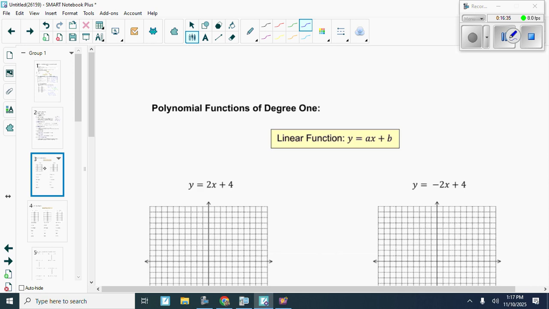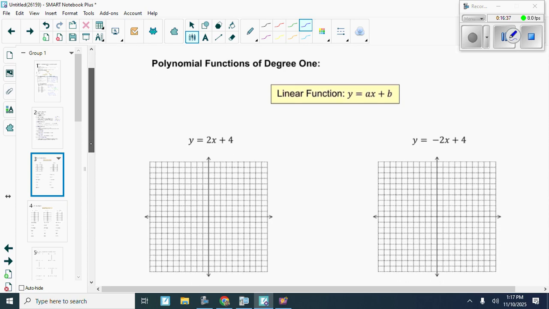So let's take a look. Here is our degree 1. This is our linear line. This is what you learned in grade 10. In grade 10, we spent about 3 units on linear functions, linear lines, and solving linear equations.